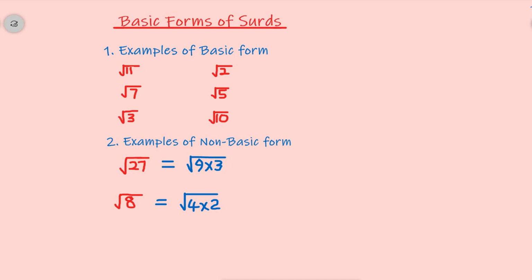Let's rearrange it. We have 9 multiplied by 3. So the square root of 9 is 3, because 3 times 3 is 9. So this is an exact square root that will give you 3 itself.